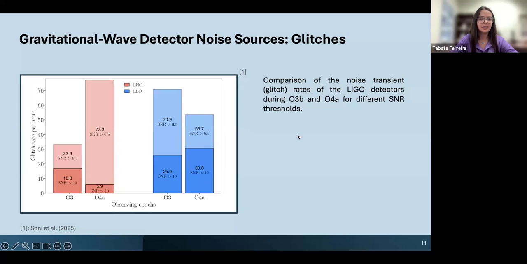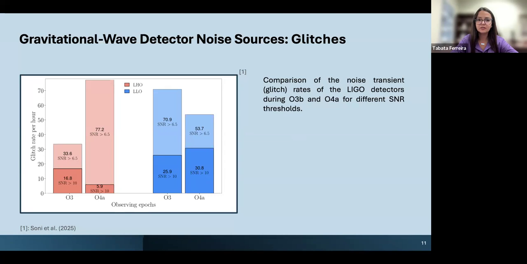Here we have a plot during O4A and O2B of the glitch rate per hour. In Hanford, for example, we had that when considering glitches with SNR above 6.5, we had around 77 glitches per hour.